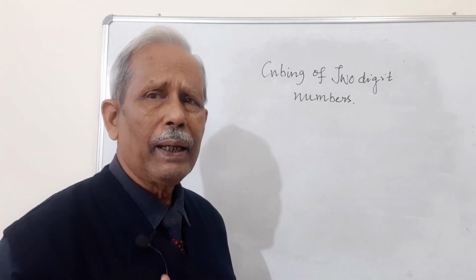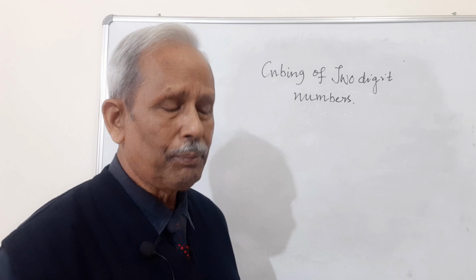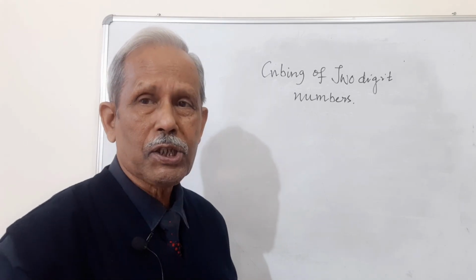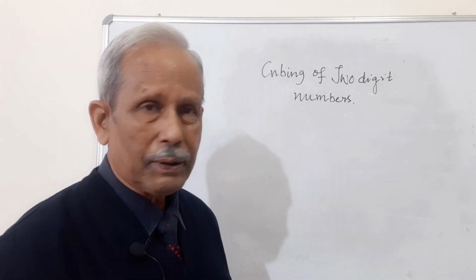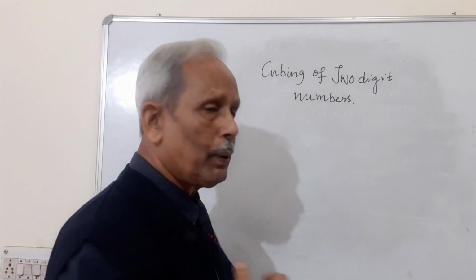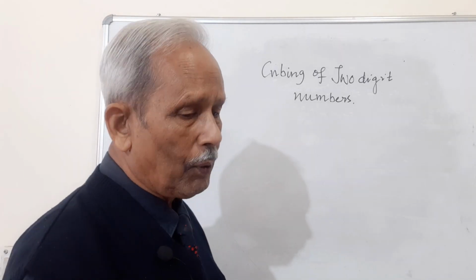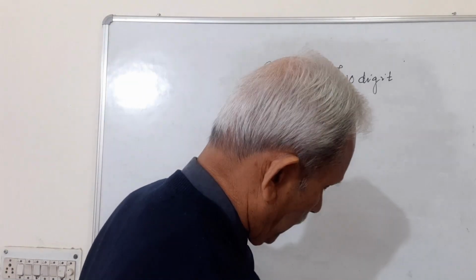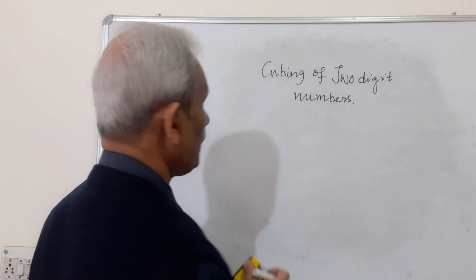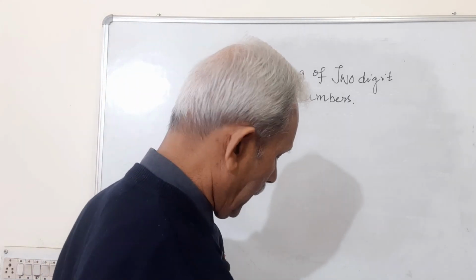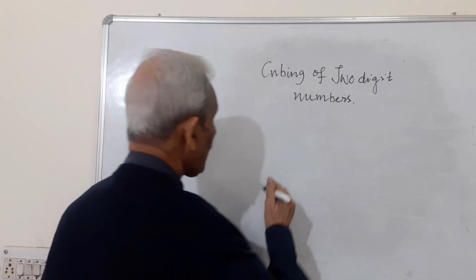So if you want to multiply 16 into 16 into 16, that takes a long time. So how can we do it easily without much problem? Well, let us see the steps first. What are the steps that you should take while doing it?